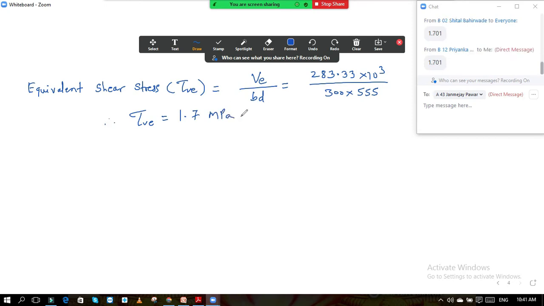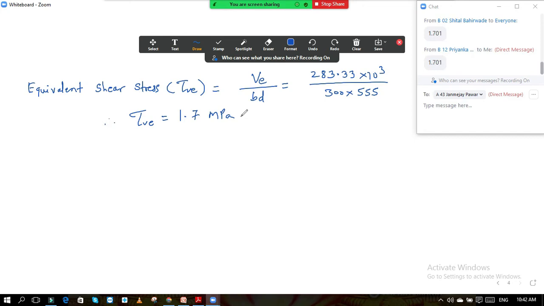Now, generally what do we do? When we got the nominal shear stress, we have designed the other beams also in the previous units. Normally when we calculate this shear stress, we calculate the permissible shear stress. Now this is the nominal or equivalent shear stress, meaning this shear stress is getting developed in that structure.